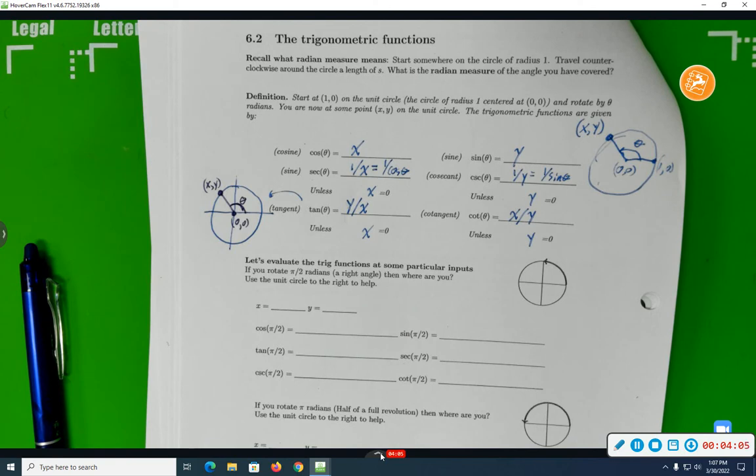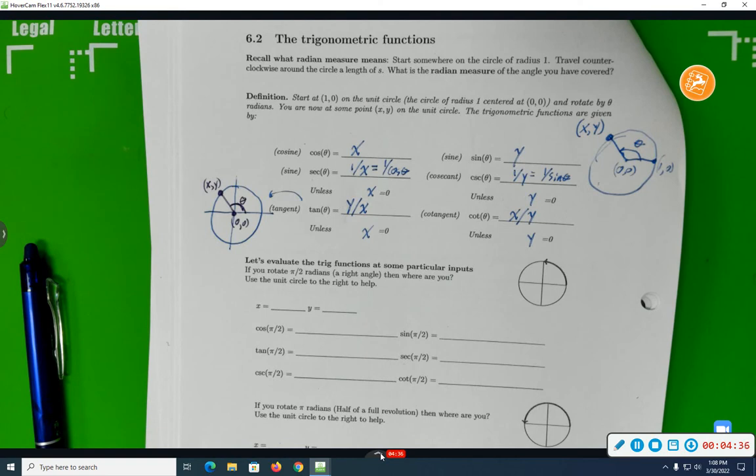What's the change in the y-coordinates? y. What's the change in the x-coordinates? x. So the slope is y over x, change in y over change in x. That's what tangent measures. Tangent is the slope of that line. Makes sense?